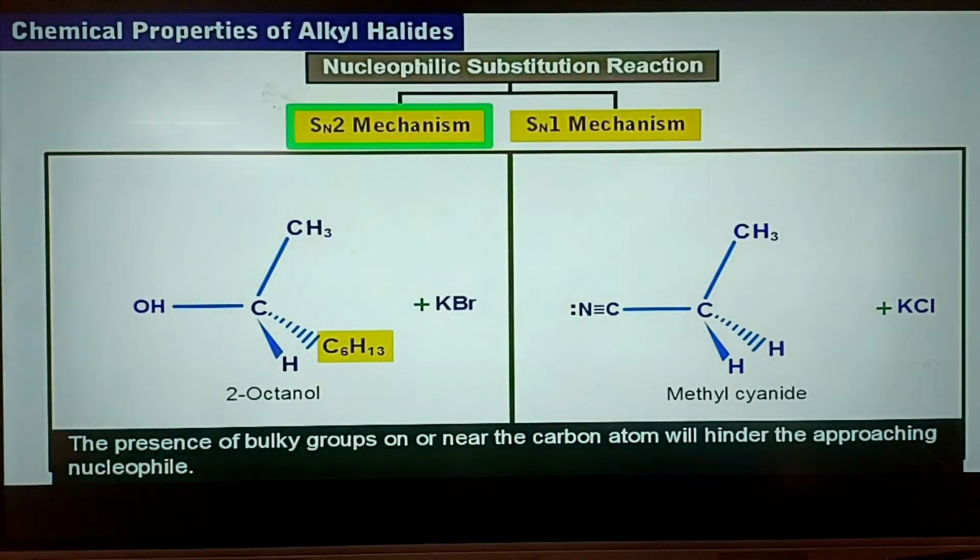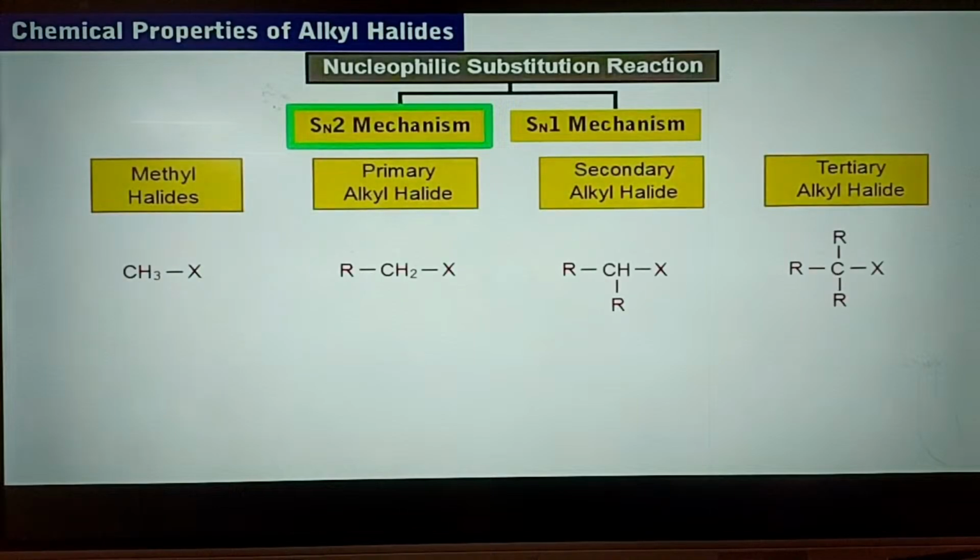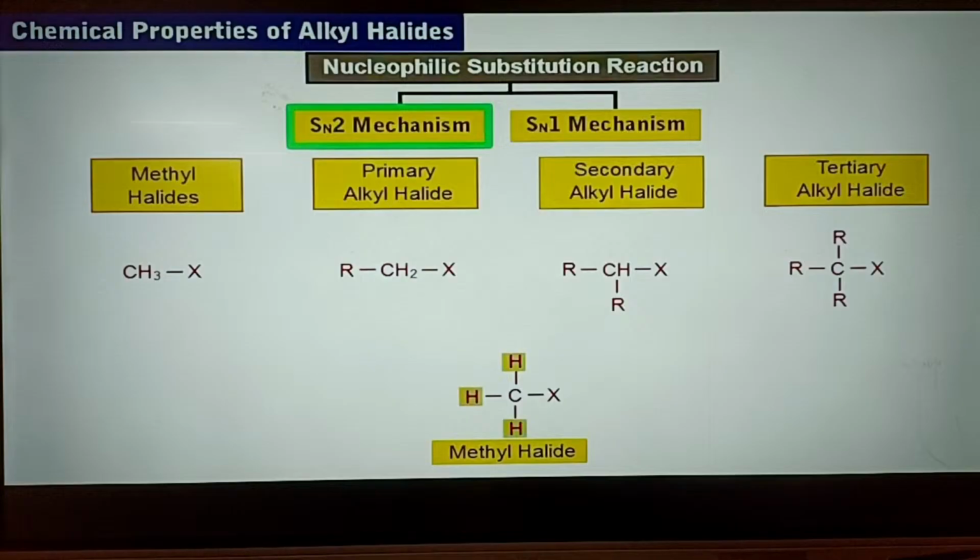Hence, the presence of bulky groups on or near the carbon atom will hinder the approaching nucleophile. Thus, among the alkyl halides, methyl halides, due to the presence of only 3 small hydrogen atoms, are the most reactive in SN2 reactions.